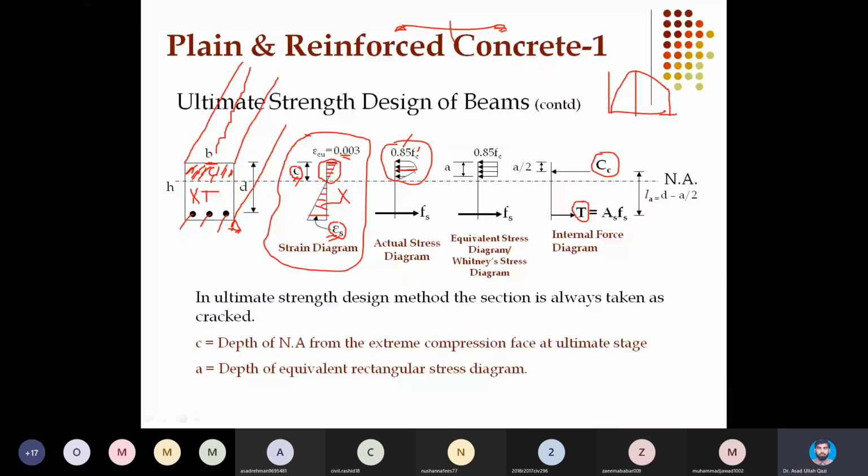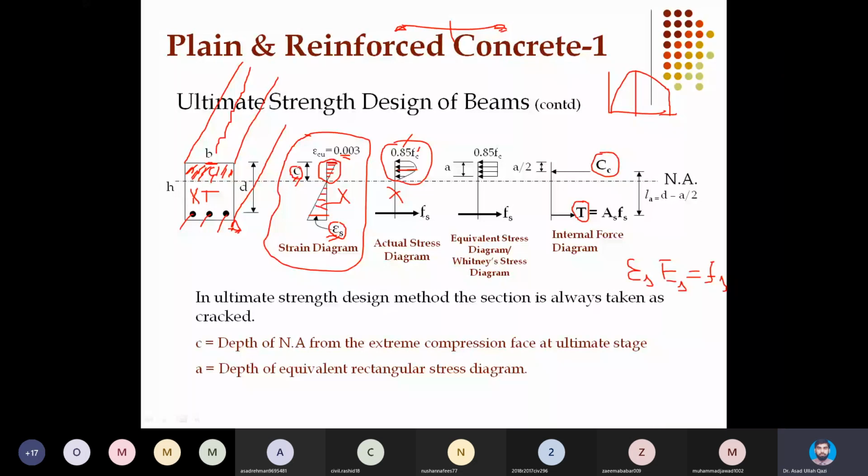And since on the tension side concrete is neglected, all the steel bars are concentrated at this position, and since steel is linear elastic, it obeys Hooke's law, we can multiply the strain with the modulus of elasticity to get fs.